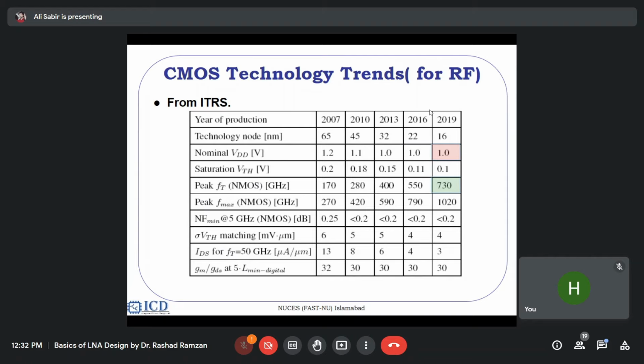People have come up with designs wherein they have designed 60 gigahertz circuits in a 65 nanometer technology. So you can push this limit hard, but as a rule of thumb, FT by 10 is a good number to start with. So we can do all the millimeter wave design in the coming 5G technologies in CMOS. CMOS is a major technology which is being used for this kind of radios.